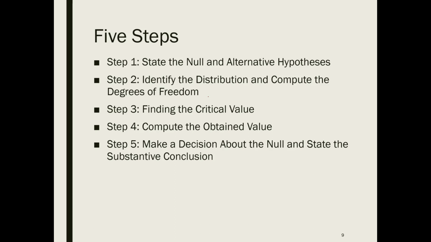First step, state the null and alternative hypothesis. Second, identify the distribution. In correlation, as we just mentioned, we use the t-distribution and compute the degrees of freedom. Then we use that information from step 2 to find the t critical value. Then we calculate r, and we use r to calculate the t obtained.